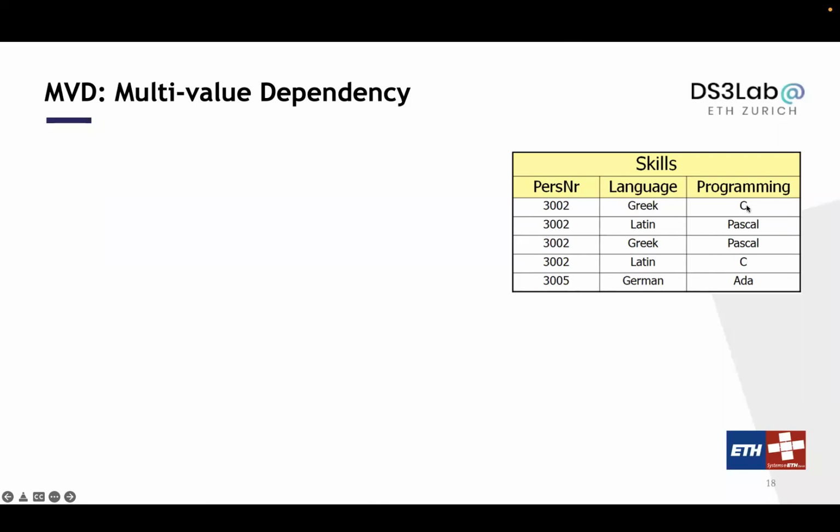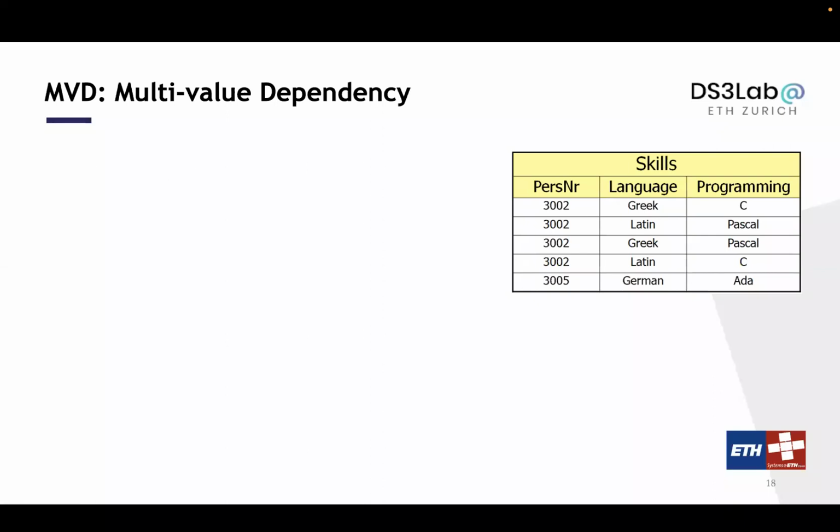The spoken language and the programming language are independent, so there's no strong correlation between the two. When someone can speak two languages and program in two languages, you end up with four different tuples in this relation.